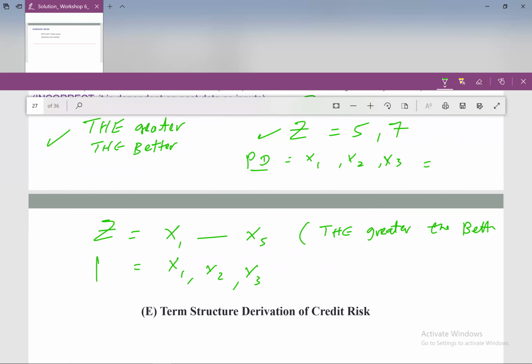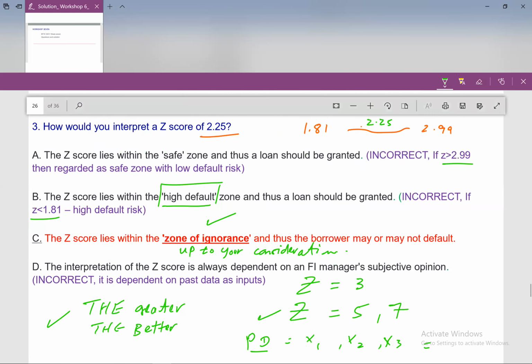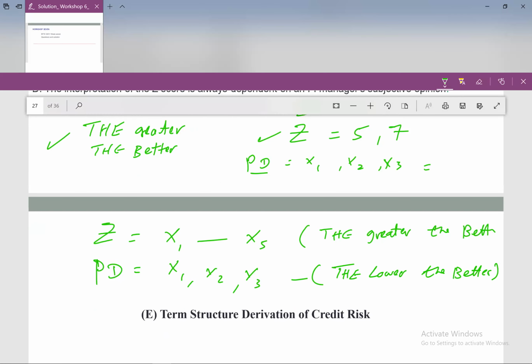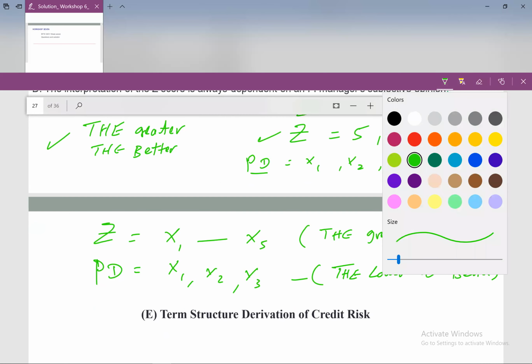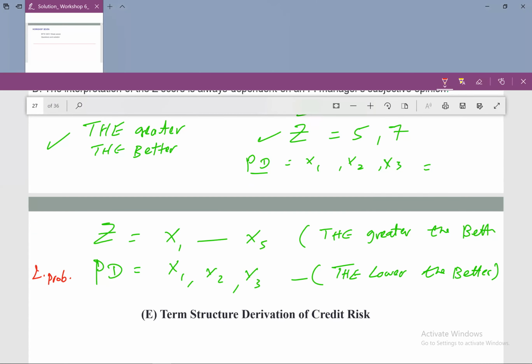We calculate the probability of defaulting, so the lower, the better, because we are calculating the probability of defaulting of the customer. Did you understand, my friends? This is the linear probability modeling. And this is Altman Z.